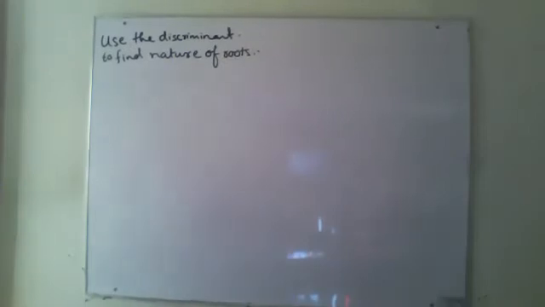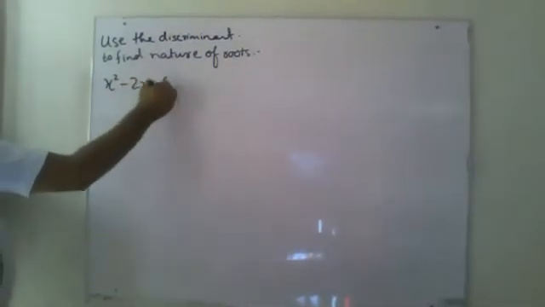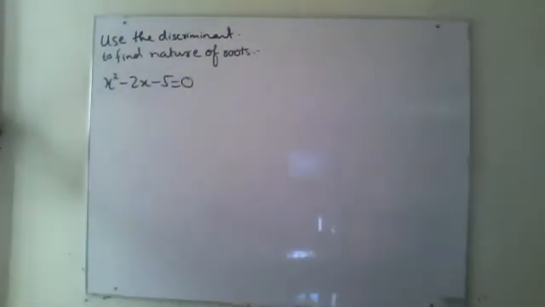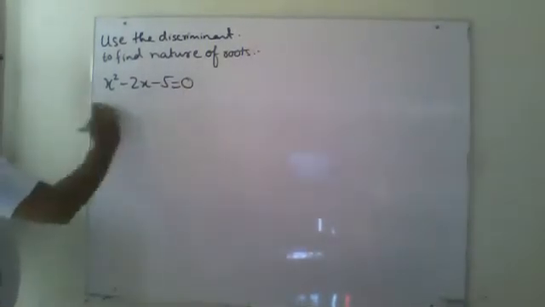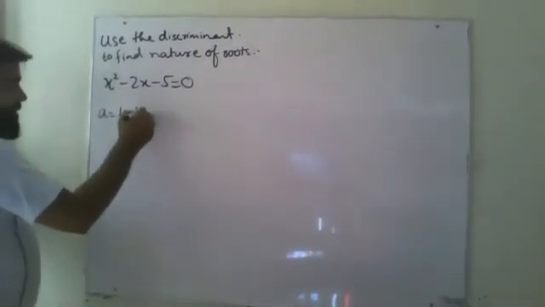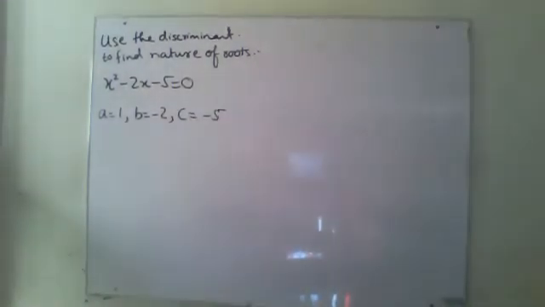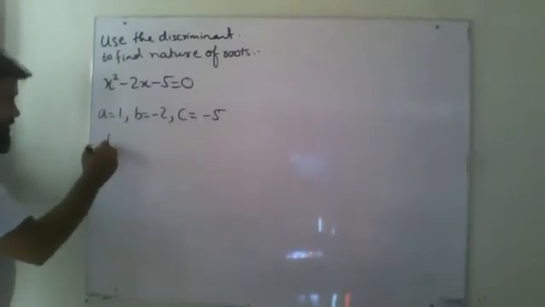Okay, so next question which I am going to do over here, x square minus 2x minus 5 equals to 0. This is my question, and they are telling us again that I have to use discriminant to find the nature of the root. Now, it is directly in the quadratic form. So my a will be 1, my b will be minus 2, and my c will be minus 5. Simplifying it, they have told us to use discriminant.